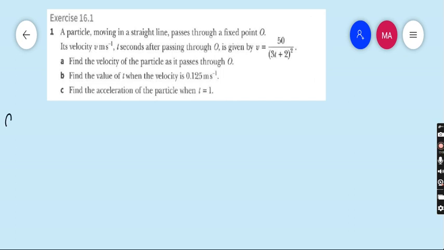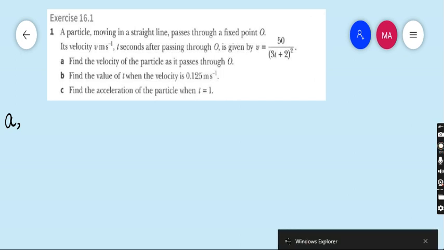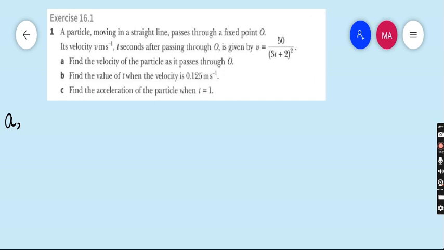Question number 1, part A. A particle moving in a straight line passes through a fixed point O. Its velocity v meters per second, t seconds after passing through O, is given by v = 50/(3t + 2).